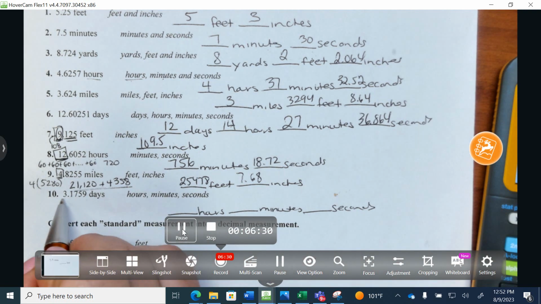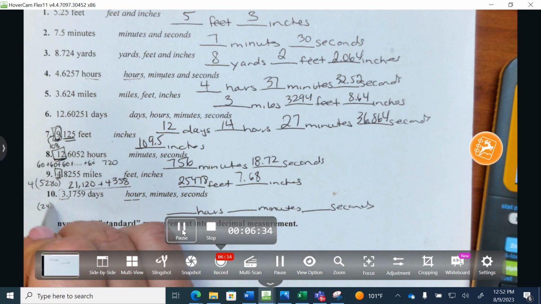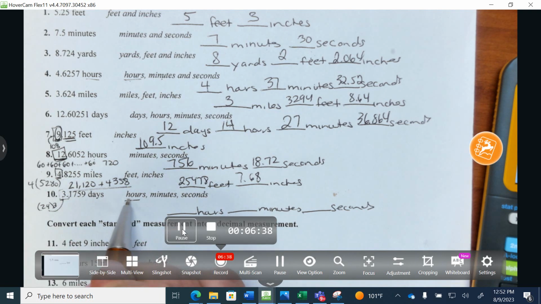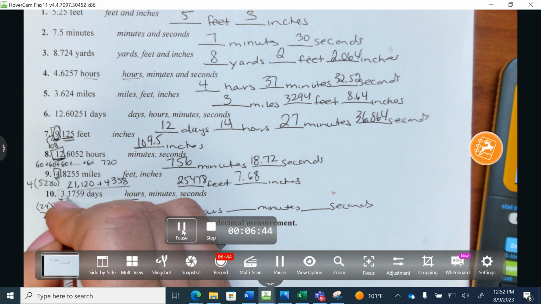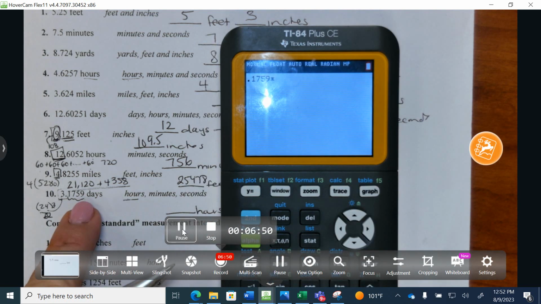Lastly, days. Okay, each one of these days consists of 24 hours each, so 24 times 3. I'm converting these 3 days into hours. I know that 24 times 3 is 72. Then I'm going to take this portion, and I go, how many hours are in 1 day?